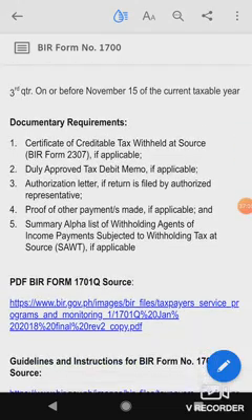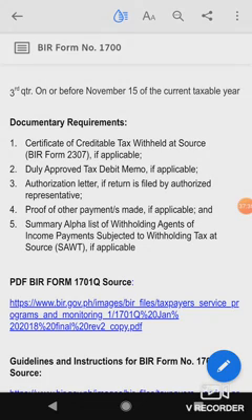So the documentary requirements are: 1. Certificate of creditable tax withheld at source, BIR Form 2307, if applicable. 2. Duly approved tax debit memo, if applicable. 3. Authorization letter, if the return is filed by an authorized representative. 4. Proof of other payments made, if applicable. And 5.